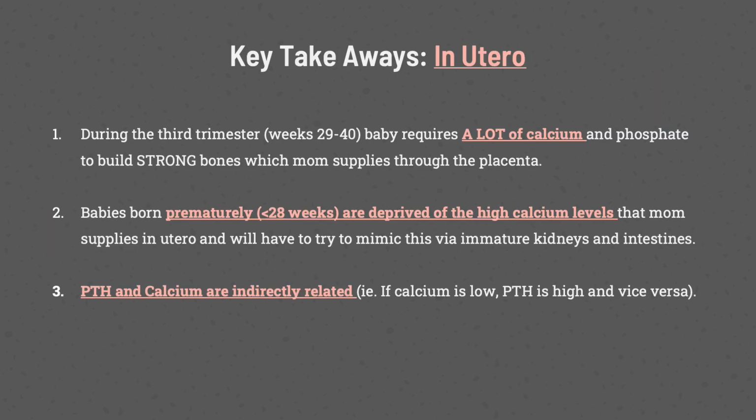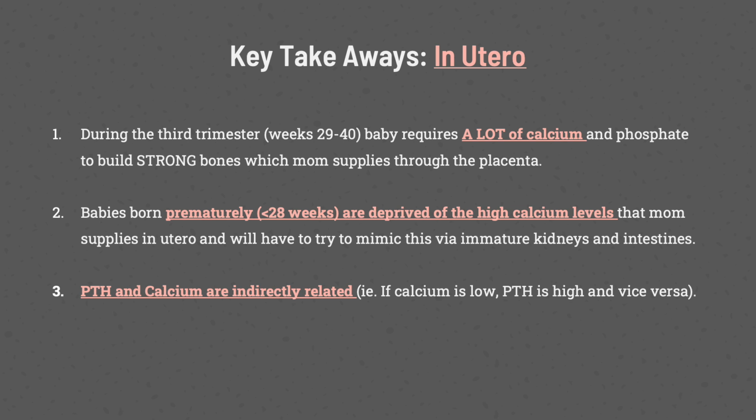Now just to go over a few key takeaways from what we just talked about for in utero transfer of minerals. So one, during the third trimester, typically between the weeks of 29 and 40, baby's going to require a lot of calcium and even phos to build strong bones for that secondary ossification process, which mom is going to supply to them through the placenta.